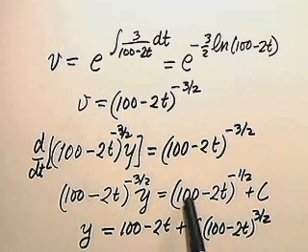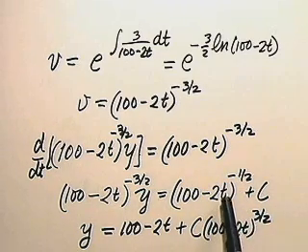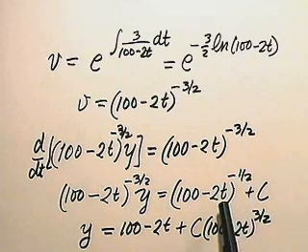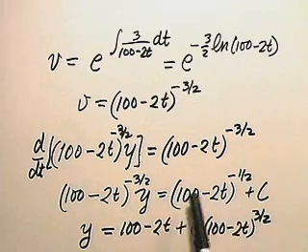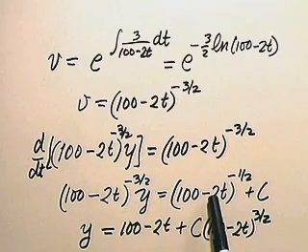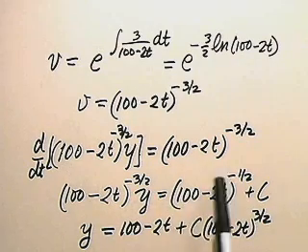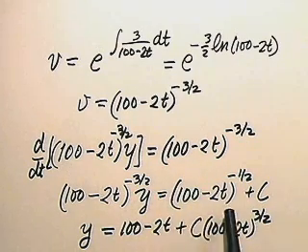In other words, if you differentiate 100 minus 2t to the negative 1/2, you're going to get a negative 3/2 power times a negative 1/2, but then you're going to get from the chain rule a negative 2 coming out as well, and so the negative 2 cancels with the negative 1/2, just leaving a 1.